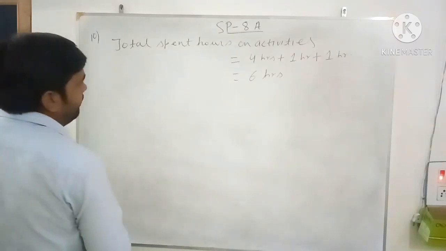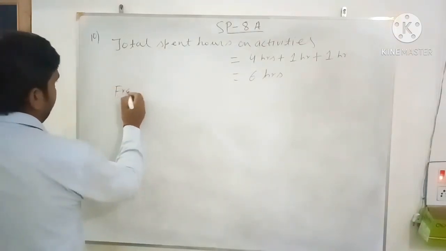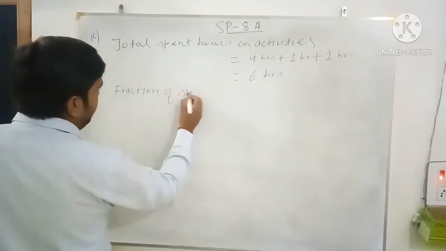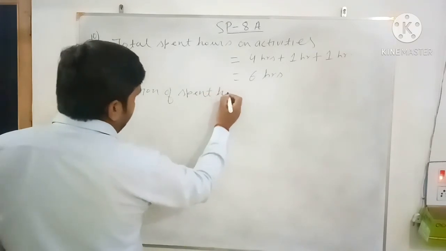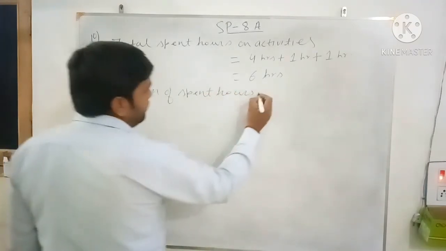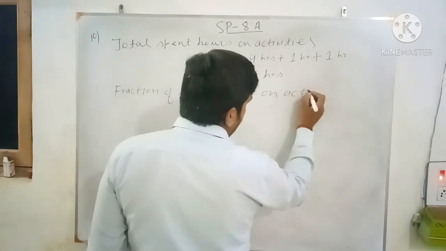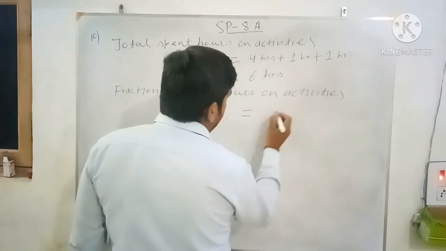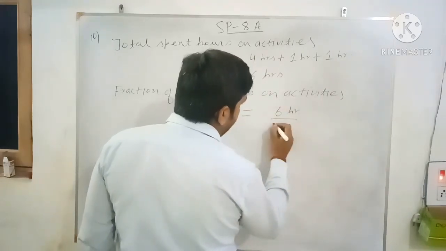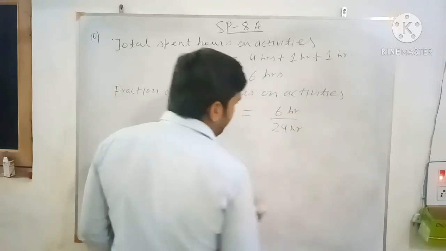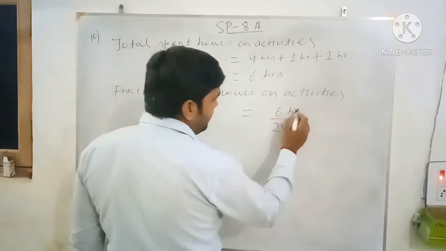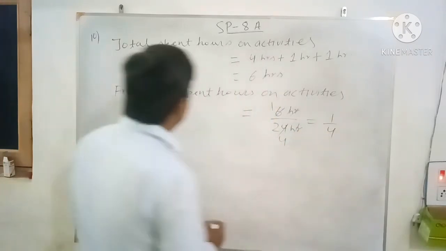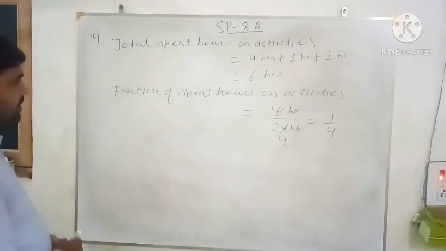So the fraction of spent hours on activities equals 6 hours by 24 hours. Because one day contains 24 hours, the hour is cancelled. 6 1s are 6, 6 4s are 24. So the fraction is 1 by 4.